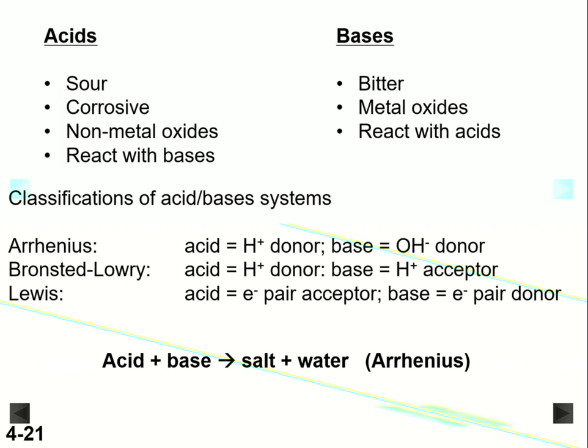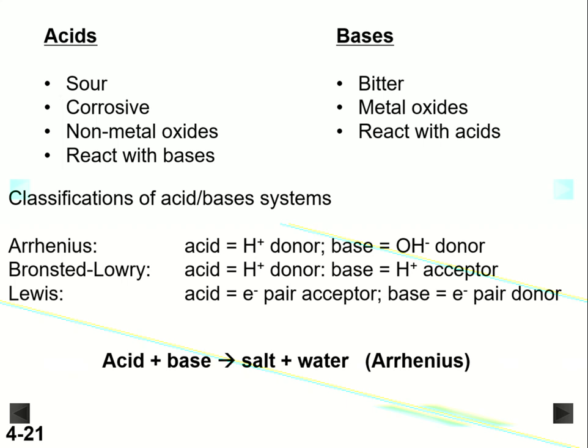Now, there are multiple different acid-base systems. And here are the three most important ones that you will encounter as an undergraduate. The first one is the one that Silberberg uses for Chapter 4. For the Arrhenius acids and bases, an acid is an H plus donor, basically a molecule that can give up H plus to other species.